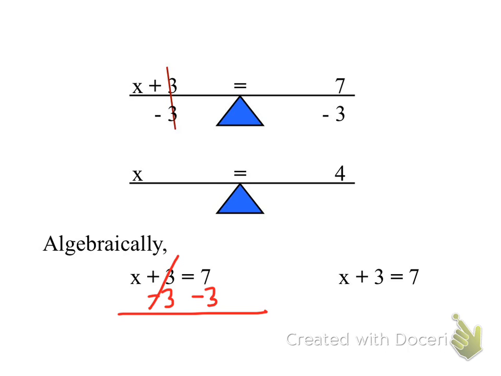No, on the left side. X. Now, the one thing I want you to remember is I want that equal sign lined up right under the other equal sign. Does that make sense? That's the only thing I need to stay lined up. So now on the left side, I'm left with an X, and the right side, I'm left with a positive 4.